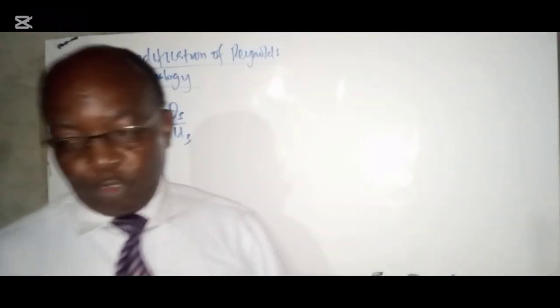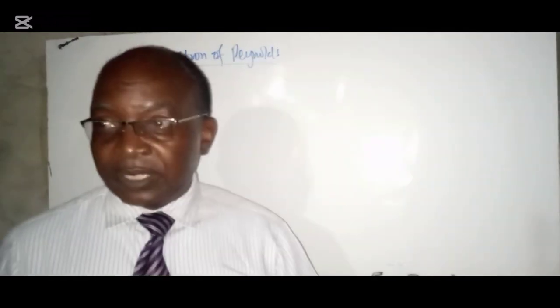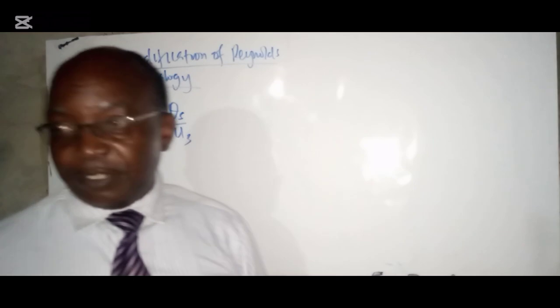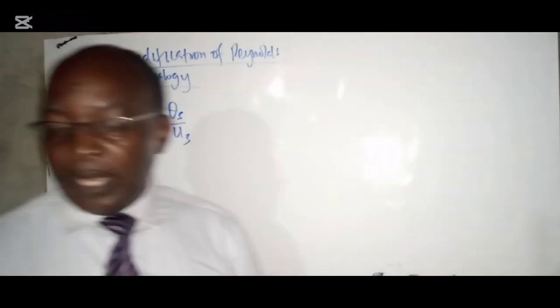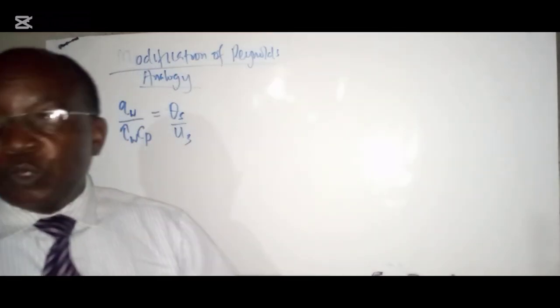Now, this quantity, we derived it in our lectures on Reynolds Analogy. And remember, we also saw Prandtl's Taylor modification of Reynolds Analogy. So I humbly request you to go through some of those lectures. It will help you advance in a more systematic way.